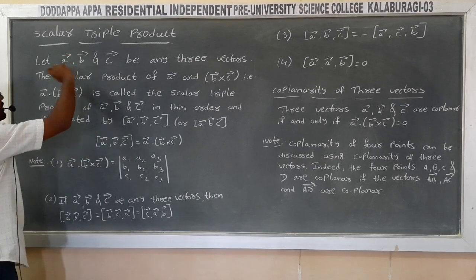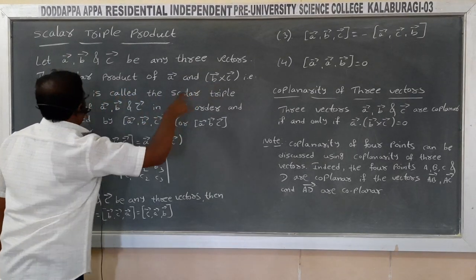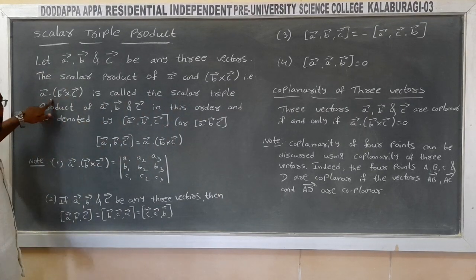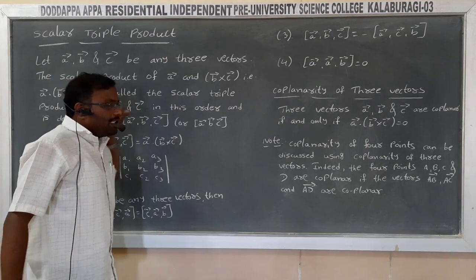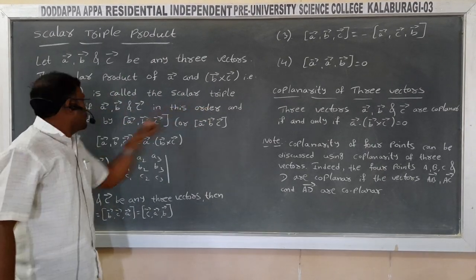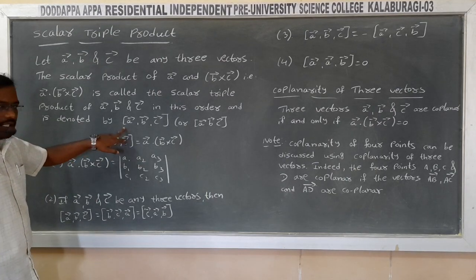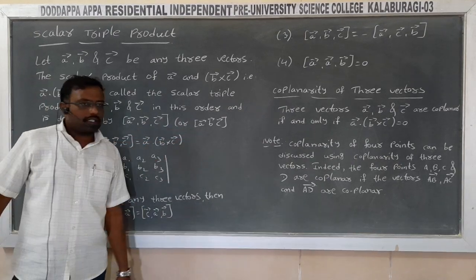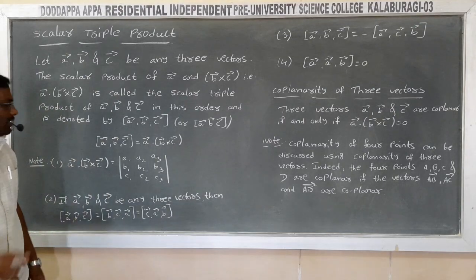Scalar triple product means one is scalar product and another is cross product. If these two are mixed, we call that vector A dot of vector B cross vector C. This is called scalar triple product, and it is always denoted by box of vector A comma vector B comma vector C.